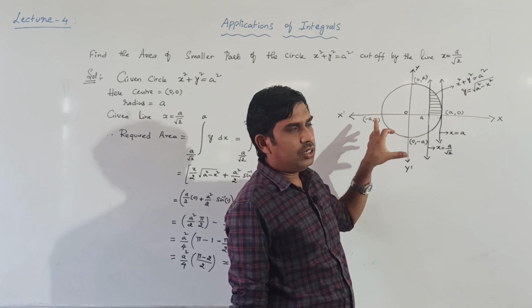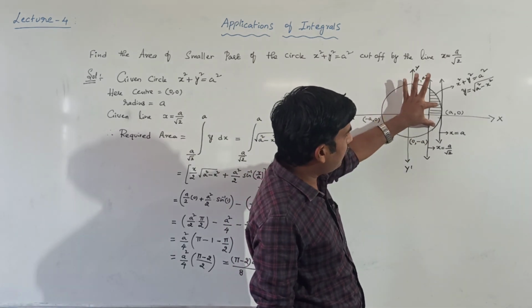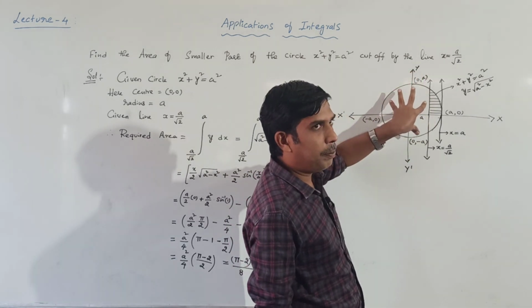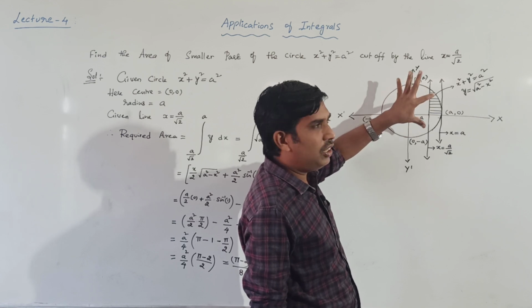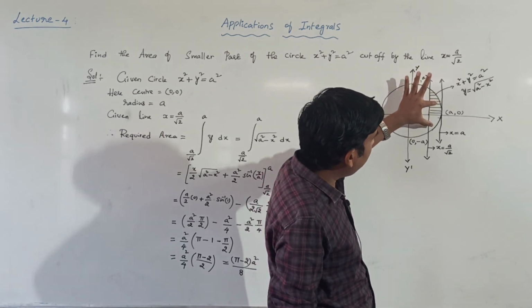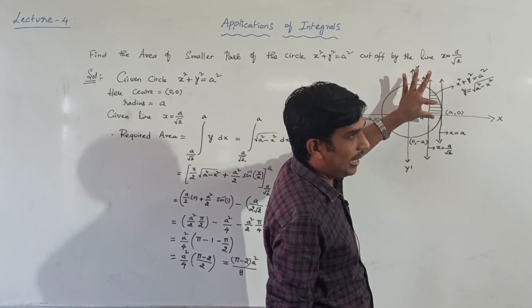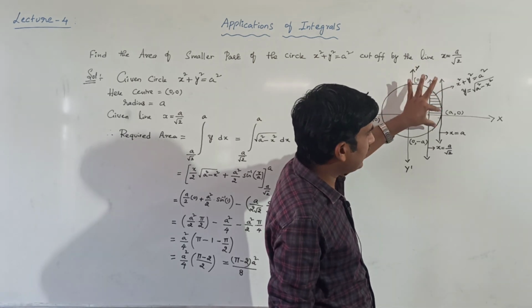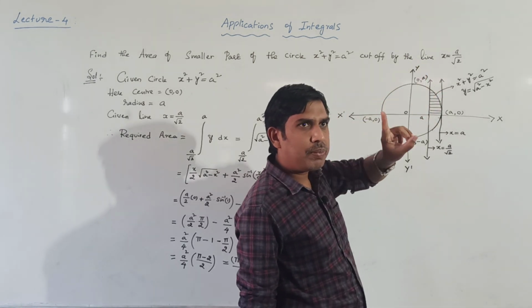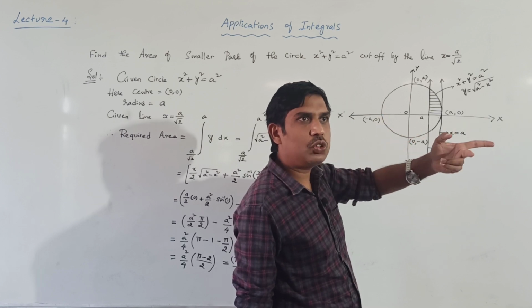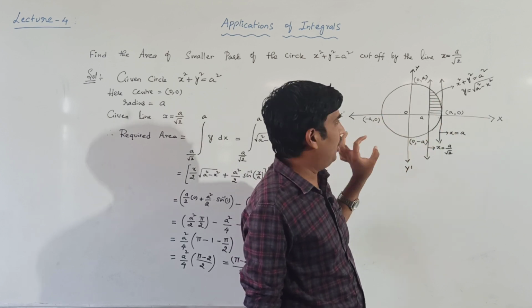Here I drew the circle, and this line cuts the circle so that this is the smaller part, this is the larger part, but only the smaller part is needed. These two parts are equal in area, so if you calculate one part and multiply by 2, you will get the required area.